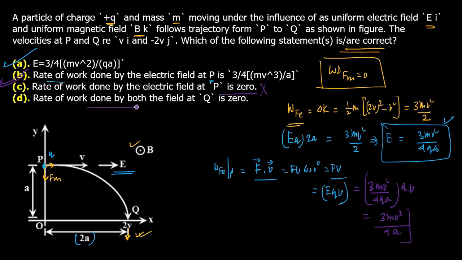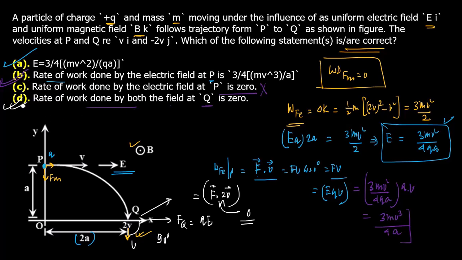Now you are asked to calculate the rate of work done by the electric field at Q. At point Q, the electric field is along the x direction, so the force is in this direction, F equals q into E. But now the velocity is vertical, so the angle between these two is 90 degrees. The rate of work done, the power, is F vector dot V vector, which is 2v, but since the angle is 90 degrees, the dot product becomes 0. So the last option is also correct. So only options A, B, D are correct.